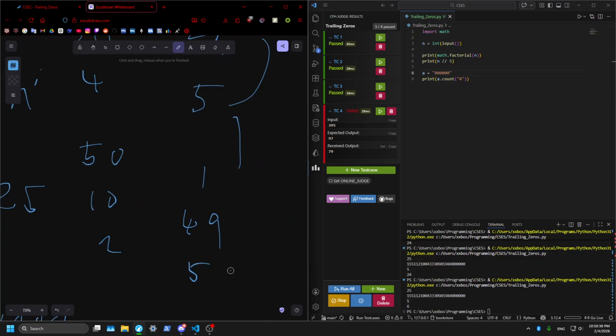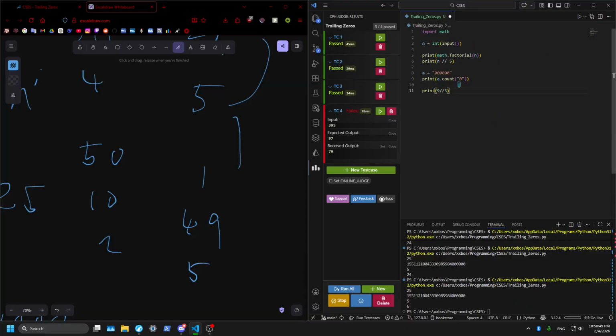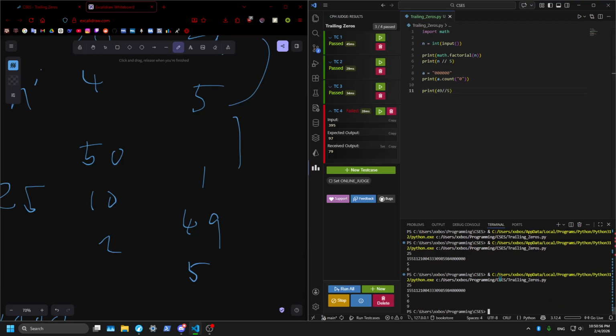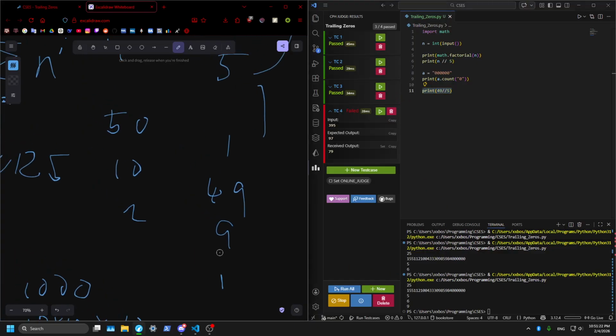It's 9. 9 divided by 5 is 1, which is 10.